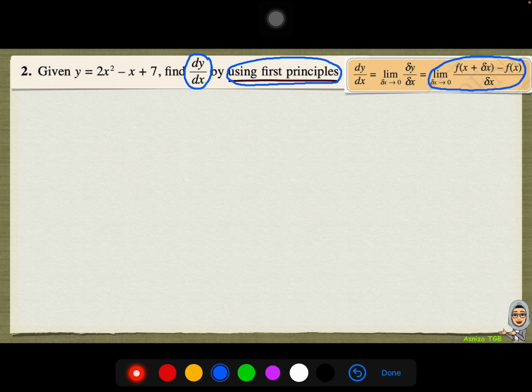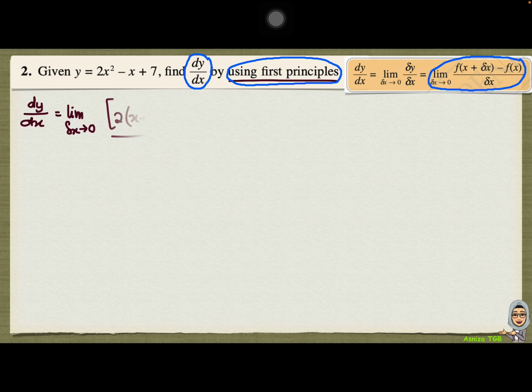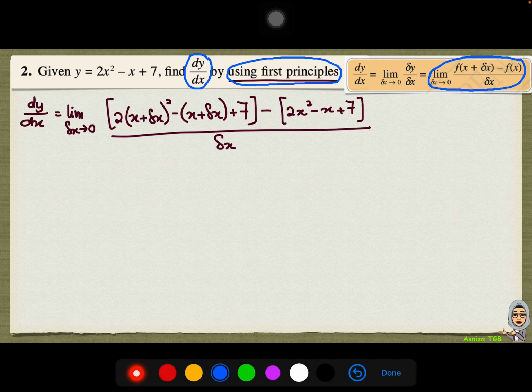So let's run the process. y is 2x squared minus x plus 7. So dy/dx will be the limit as delta x approaches 0. Let's substitute x with x plus delta x.